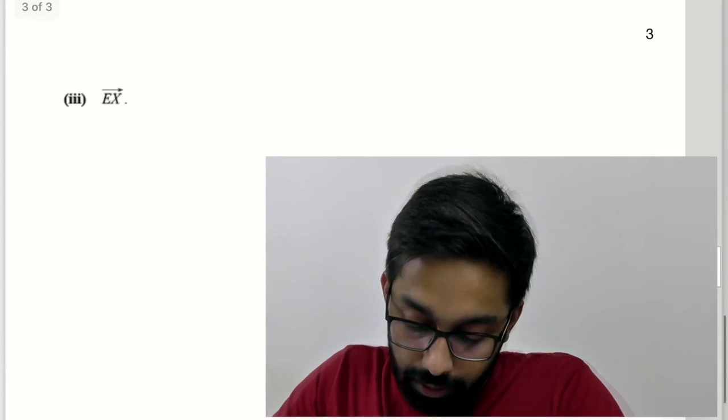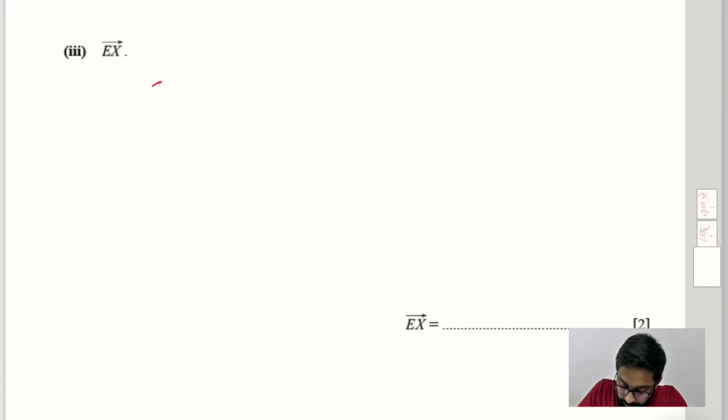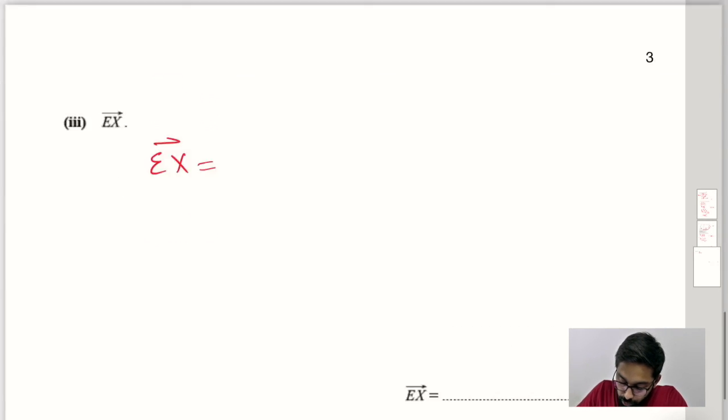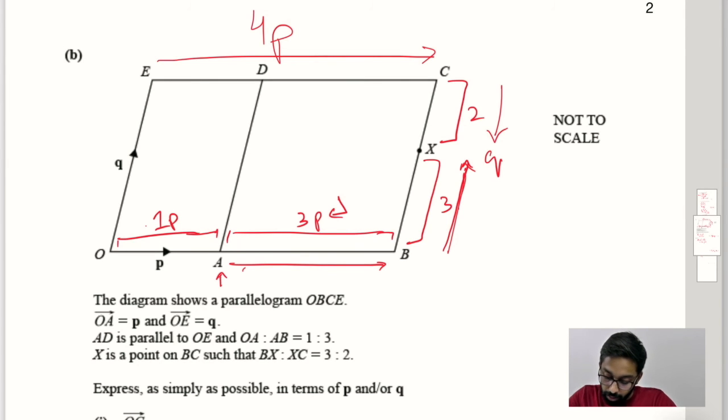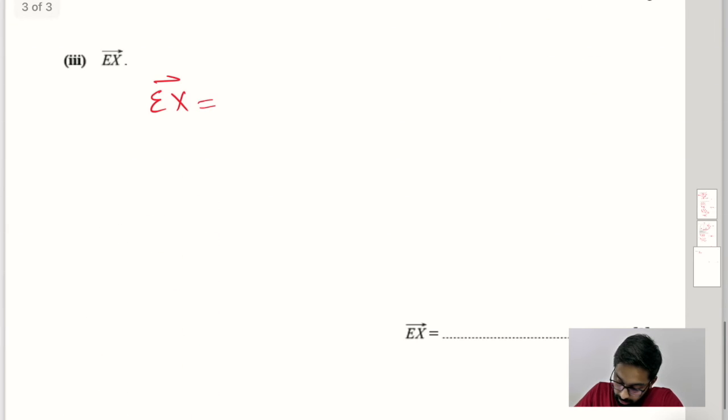Let's move on to the last part. Okay, so let's find EX. So EX is made up of two parts, EC, which is of course 4P as it is the same as OB, and then CX, which is 2/5 of Q. But be mindful of one thing. Since this is going in the opposite direction as it would have gone if you would have chosen BC or XC, it would be negative 2 over 5 Q. Okay, let's write it down.